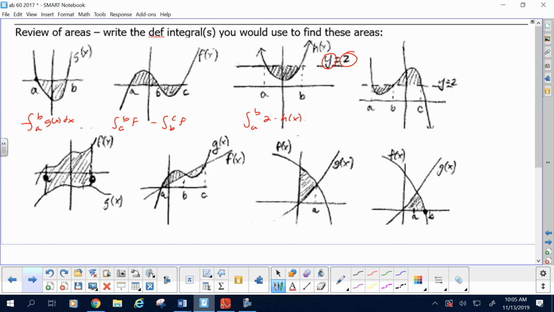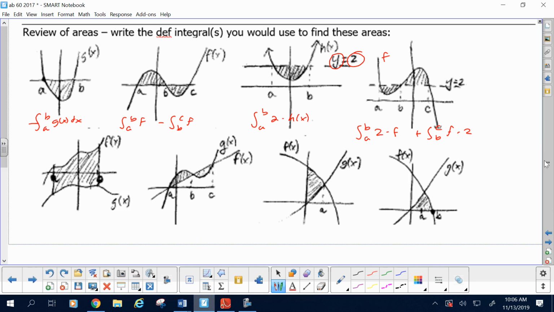What about the fourth one? Radical, what do you think? Let's call it f. 2 minus f plus f minus 2, I agree. Upper minus lower. Aaron, what do you think on the first one in the second row?